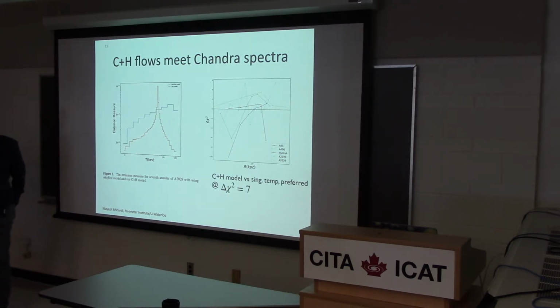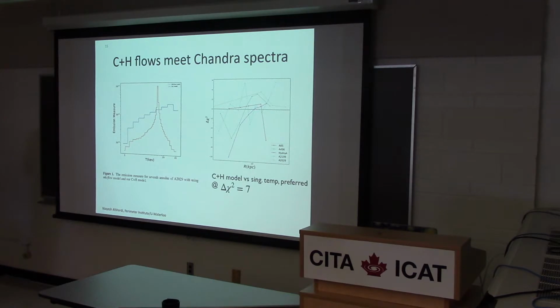So if you want a model that correctly predicts how much gas is cooling, it should be a model that fits the entire spectrum. So far, to calculate how much cooling happens, people fitted this, which doesn't fit the spectrum. This is a model that fits the spectrum and also tells you how much cooling is happening. And it gives you less cooling than the pure cooling flow model. Does that make sense?